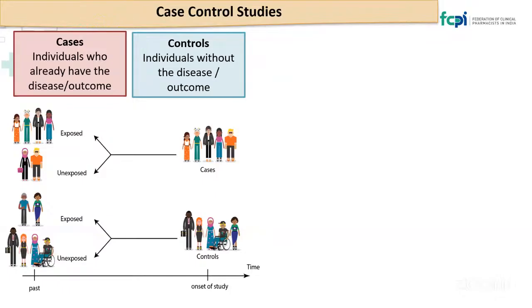Now what we will do in this process, we will take two groups, exposed and unexposed, and follow up for the whole period, and we will see if the patients are divided into cases or into controls. And we will compare the data of both cases and controls for our future outcomes.